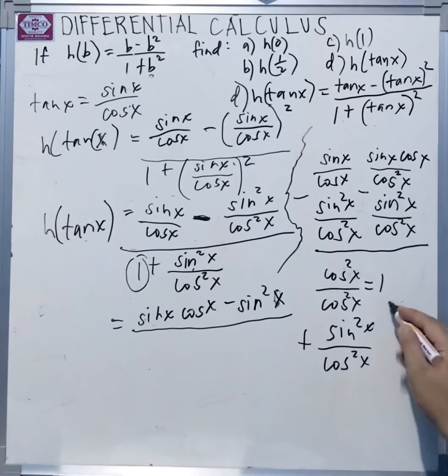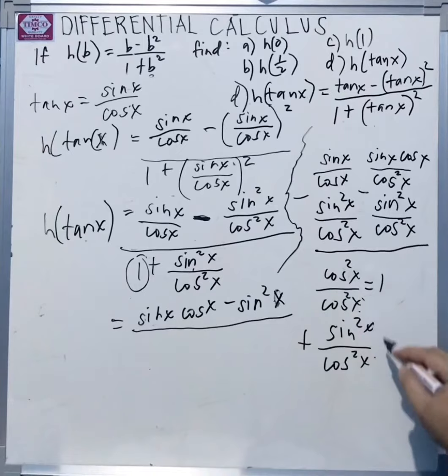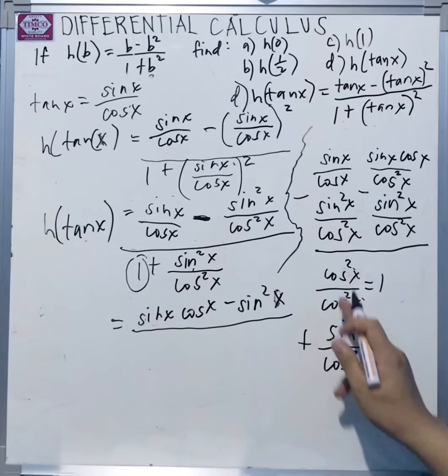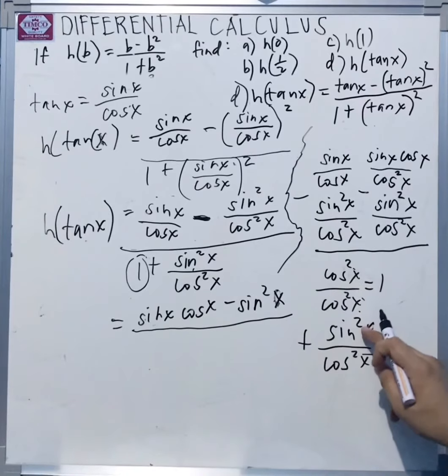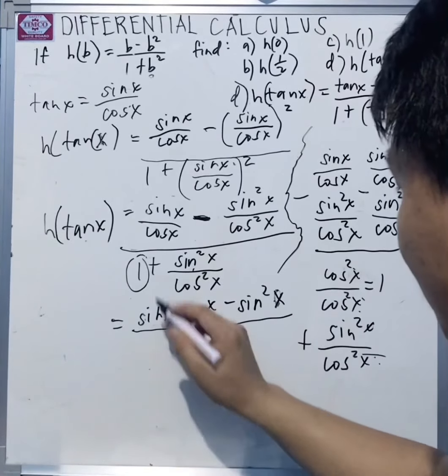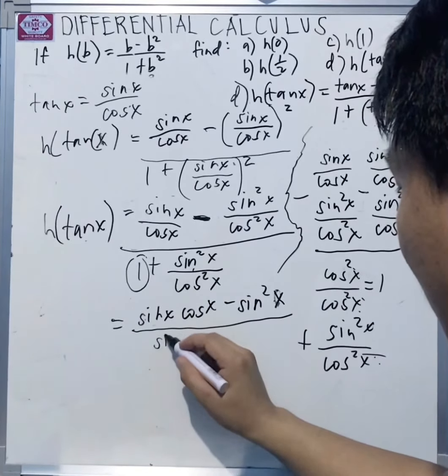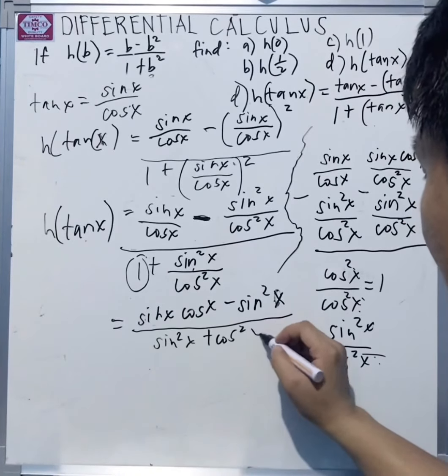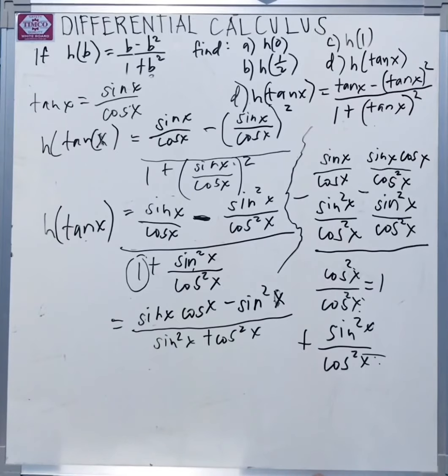So ayun na, common na yung denominator nila. So i-add na lang natin ng numerator: cosine squared x plus sin squared x.